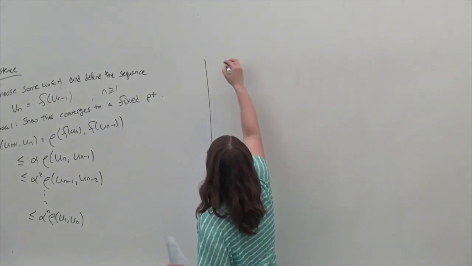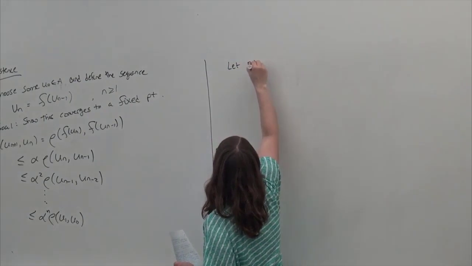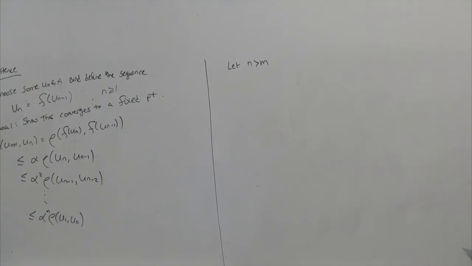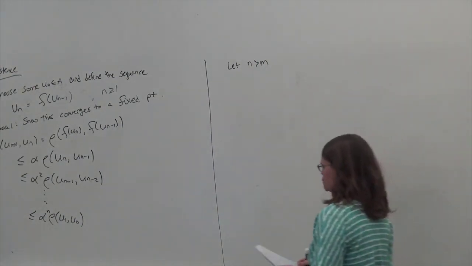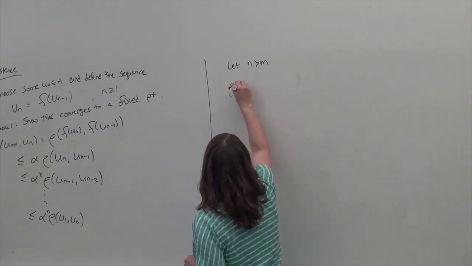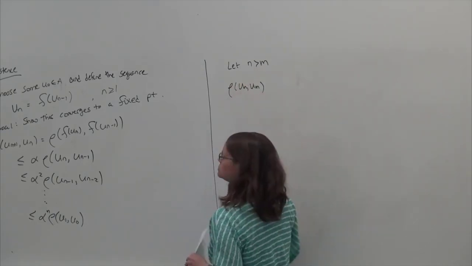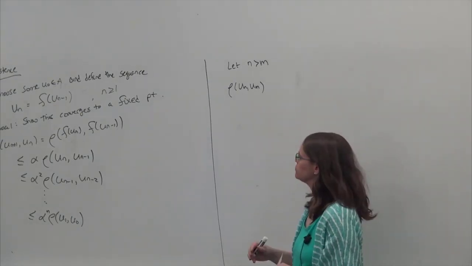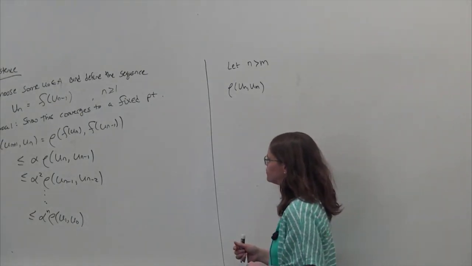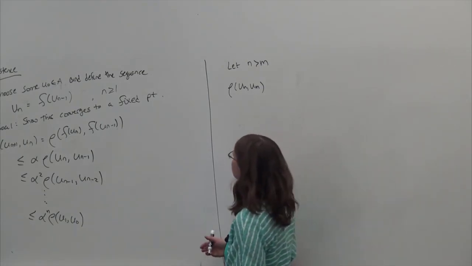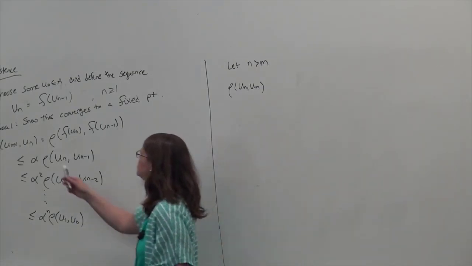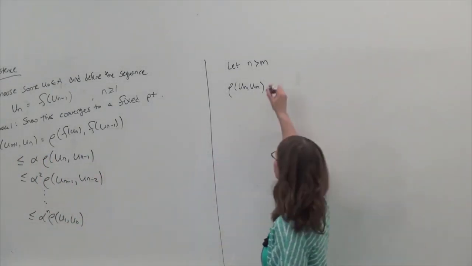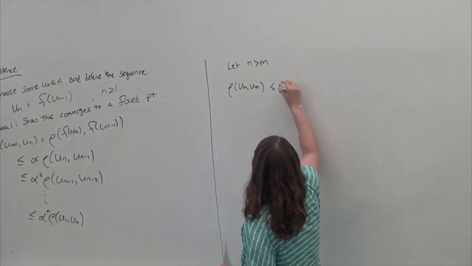Okay, so we want to show this is Cauchy, so let's pick two different values, n and m. And I'll just say that n is bigger, just to pick something. And we need to look at the distance between them. In any case, I can compare the distance between neighboring terms. So I've got to put this in terms of distance between neighboring terms, which the triangle inequality certainly lets me do.